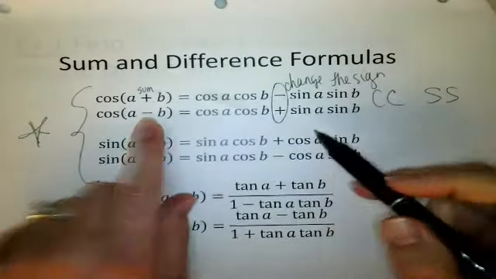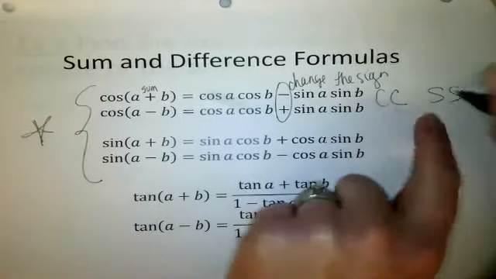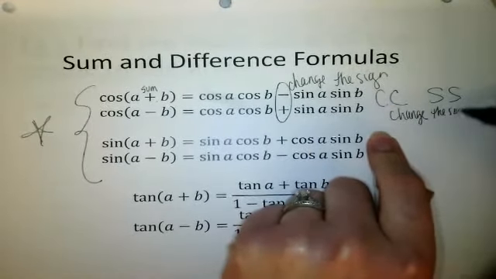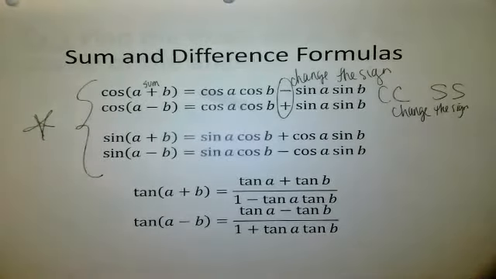If it was difference, then we change the sign to addition, all right? So cosine, cosine, sine, sine, change the sign is what I remember, okay? It's a nice pattern. All right, so much easier. Change the sign. Cosine, cosine, sine, sine, change the sign. That's what I remember for this cosine expansion.